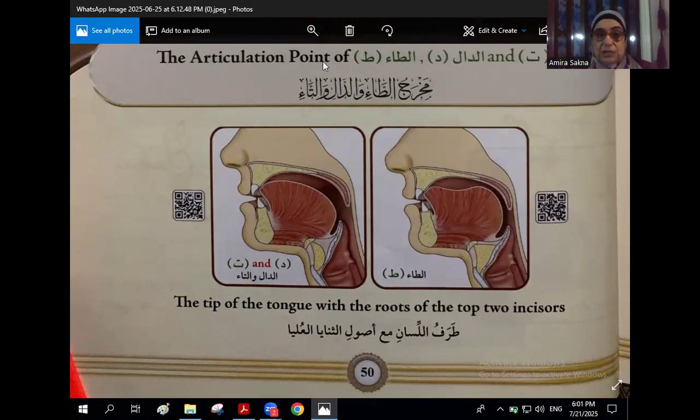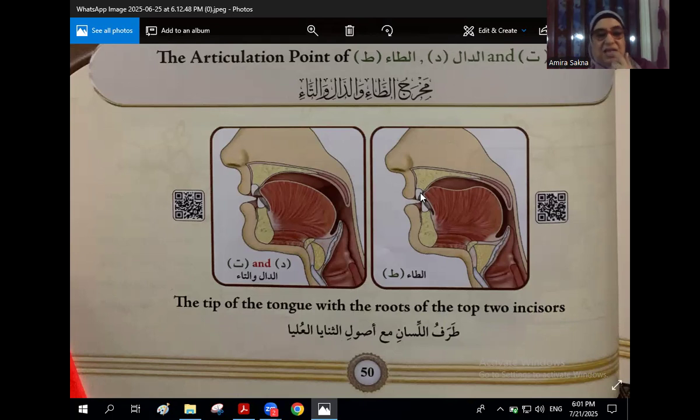The articulation point of Ta, Dal, and Ta is the tip of the tongue with the roots of the upper two incisors, or upper central incisors, same thing. So the tip of the tongue with the roots of the upper central incisor. As you can see, this is the tip with the roots of the upper central incisor.